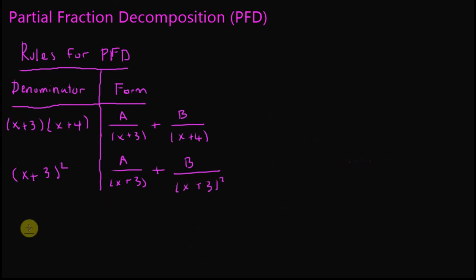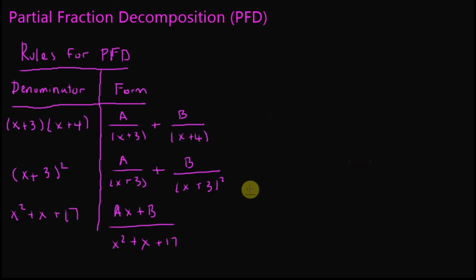And then similar to problem 3, if we have a denominator that looks of the form x squared plus x plus 17, which is an unfactorable polynomial, then the form of our PFD will be (ax plus b) over (x squared plus x plus 17).